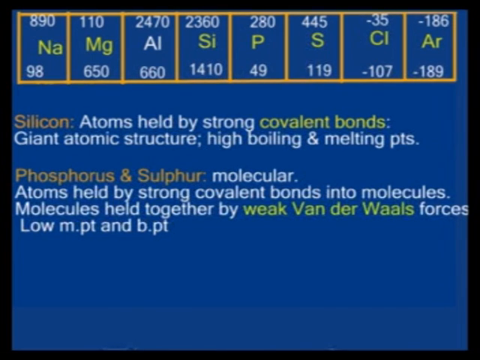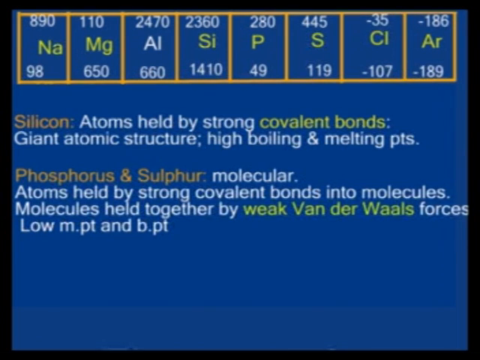In a molecule, the atoms are held together by strong covalent bonds. However, one molecule is held to the other by weak van der Waals forces. Melting involves breaking the weak van der Waals forces between molecules, which require very little energy and hence the low melting and boiling point.